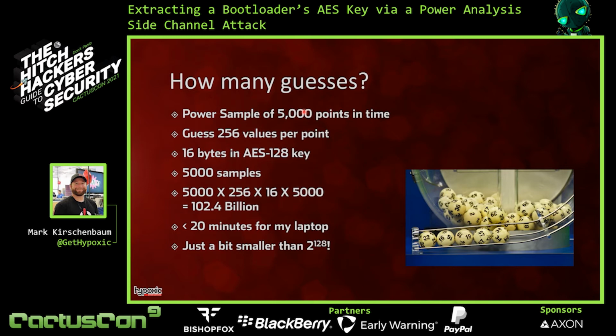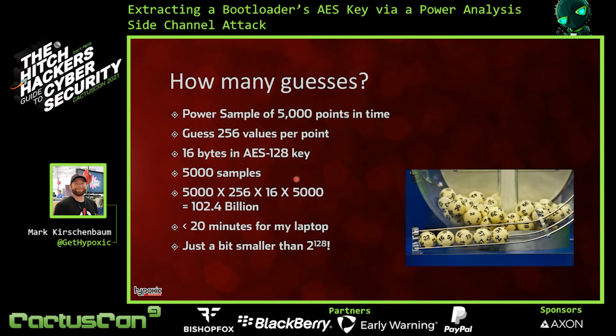So let's say we take the power trace that we just saw. Each power trace, let's say, has 5,000 points in time. At each point, we're going to have to make 256 guesses. And then we're going to be doing the 16 bytes in AES-128. That last one was only 200 samples, but let's bring it up to 5,000 samples.